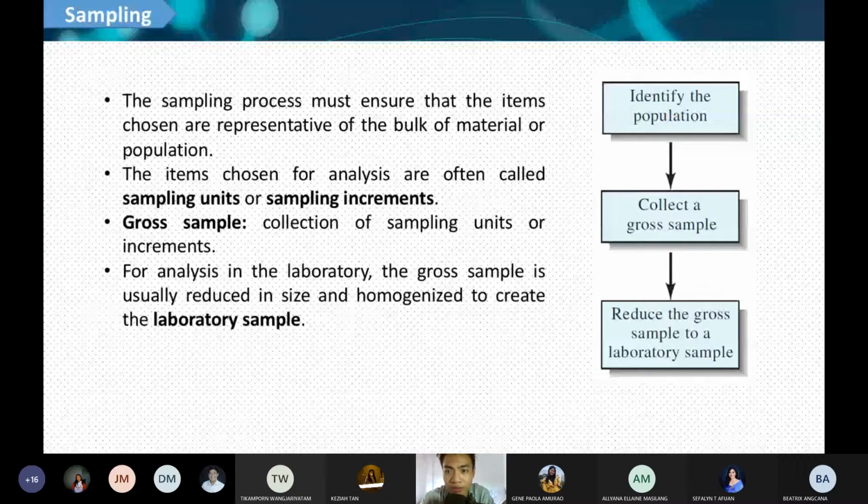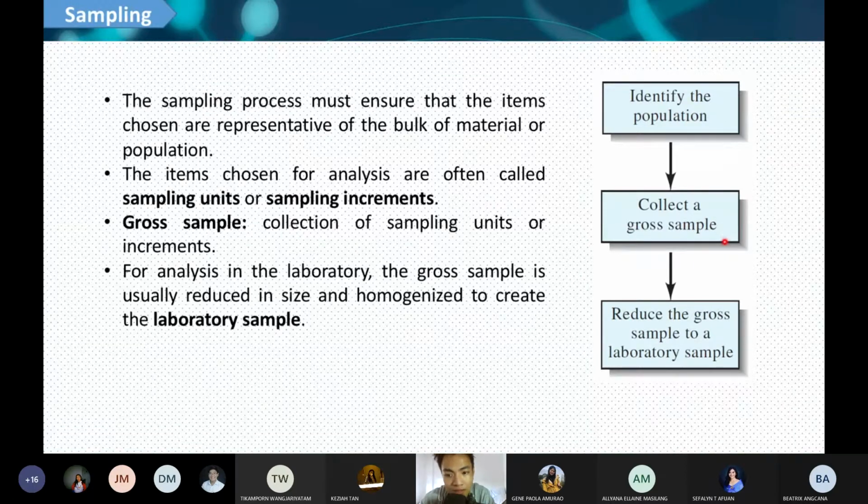Suppose they gave you a 10 ml or 20 ml bottle of urine, you're not going to analyze the entire volume. Only a few portion will do. So that's how the progression of your sample size is when doing chemical analysis. You started with a very big amount, that's the population. You decrease it to the gross sample.